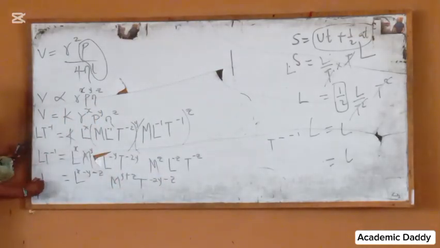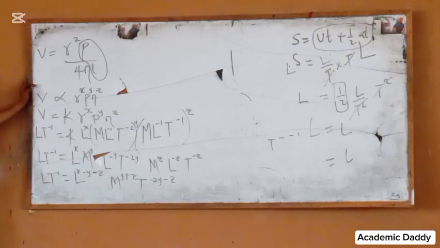Then notice that this side is simply LT raised to power minus 1. Look at it very well. Don't worry, we are getting to that. Now that we've been able to simplify everything, we need to check that my left hand side is equal to the right hand side.